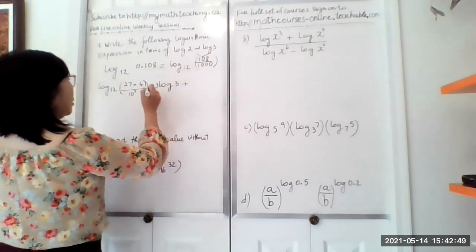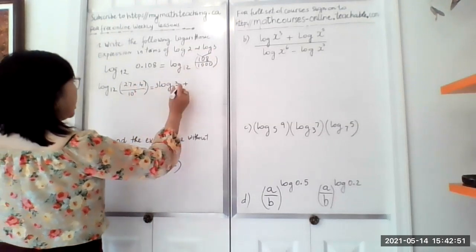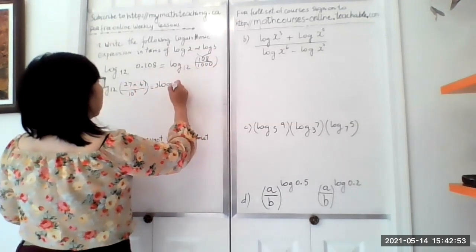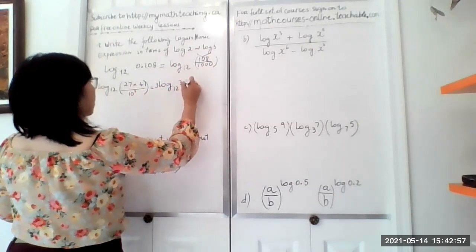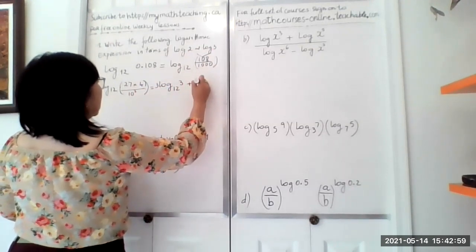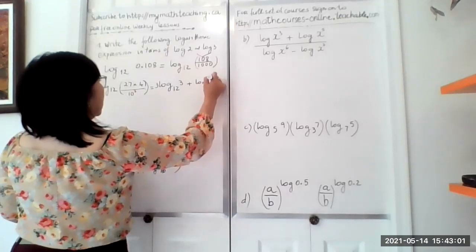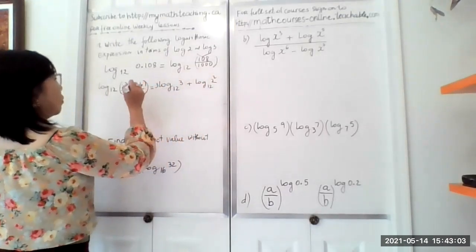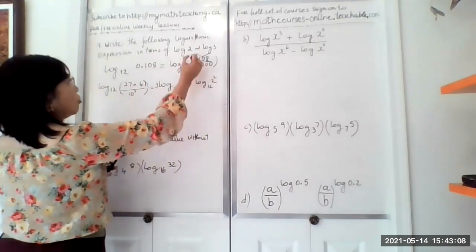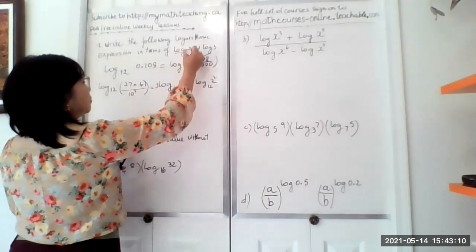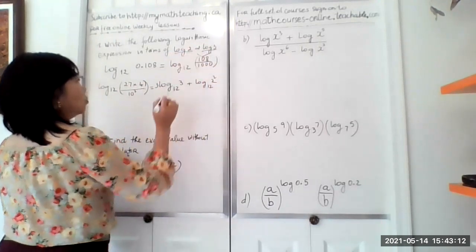And in log, if they have the same base, and don't forget we still have a base, right, of 12. So 3 log 3 in front, adding with log 12 of 2 to the power 2, which is a 4 here, right? Multiply becomes adding. And our purpose is we want to express in terms of log 2 and log 3.